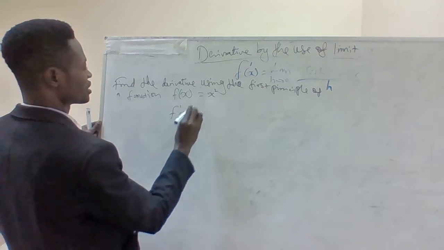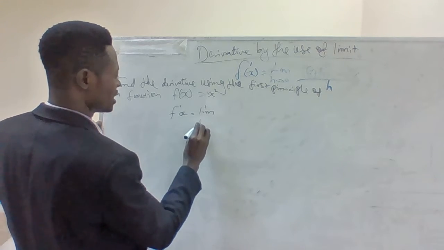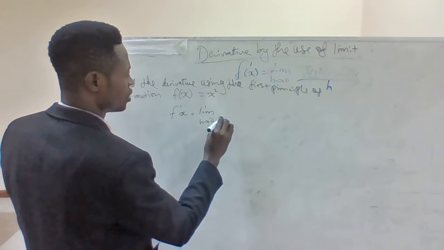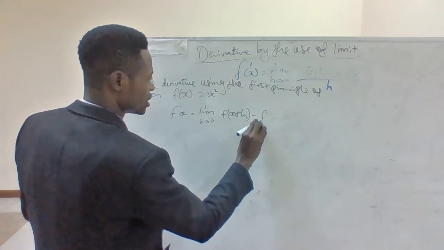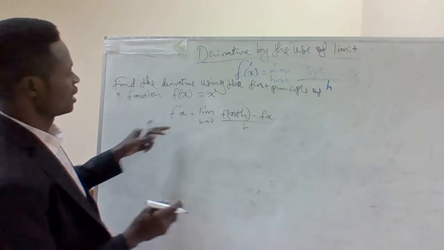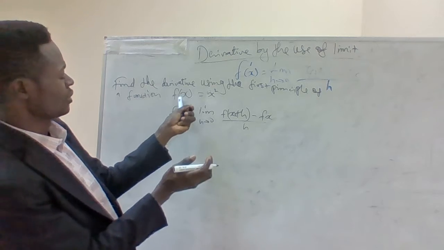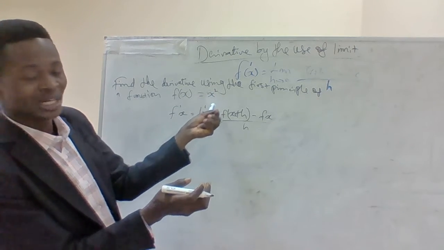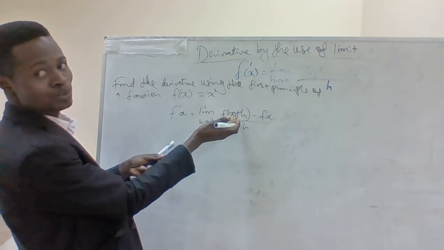So what is our f prime of x? f prime of x, we know that it is the limit as h approaches 0 of f of x plus h minus f of x, all this divided by h. Now, using the limit, we are going to plug in our function f of x is x squared. So when we see x, we just need to put x plus h.